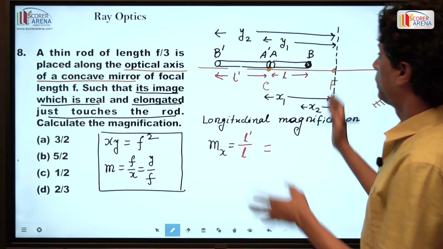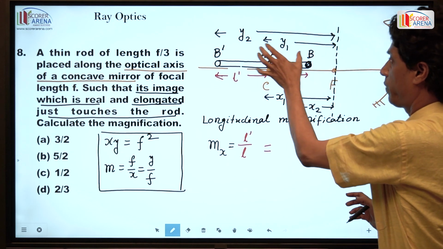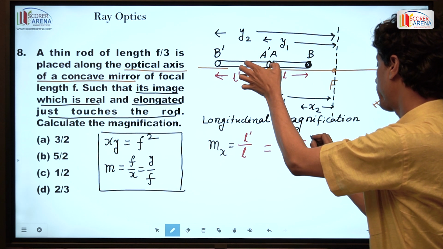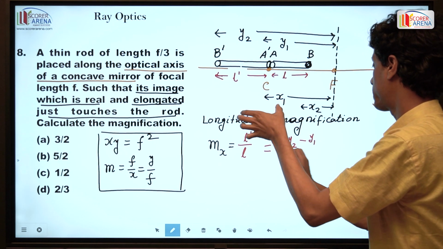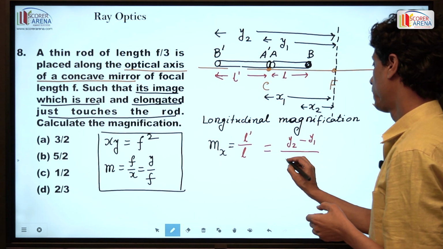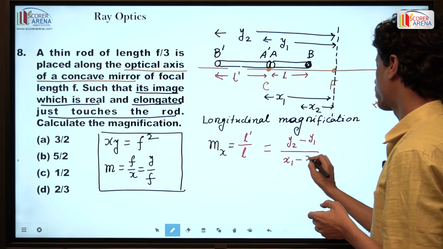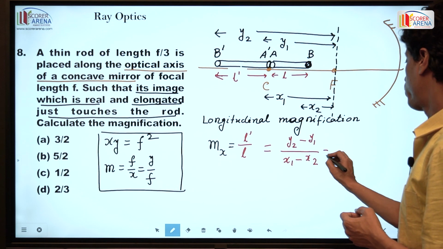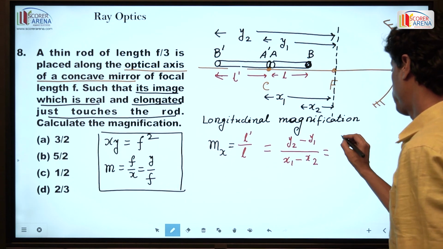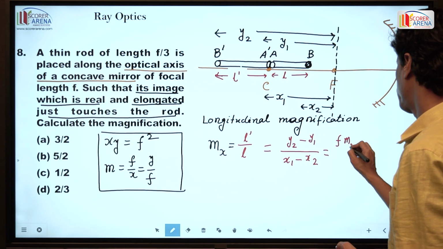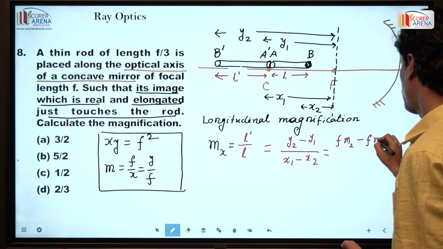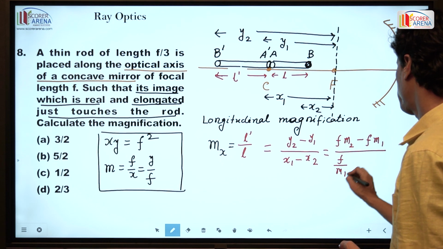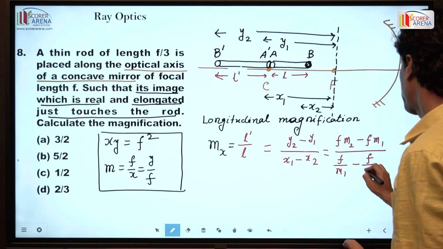And from the distances measured from the focus, we can find L prime. L prime, we know, is y2 minus y1 from the diagram, and similarly L is x1 minus x2. y2 from this equation is equal to fm2 minus fm1, and x is f by m1 minus f by m2.